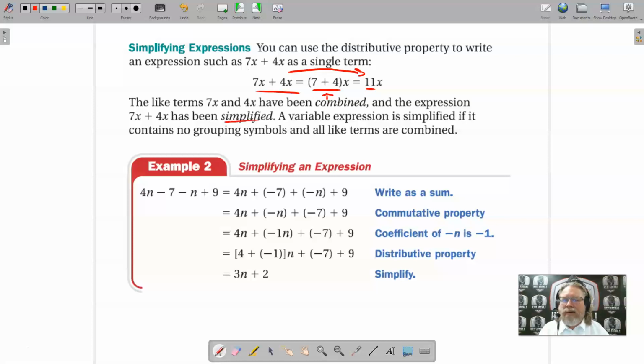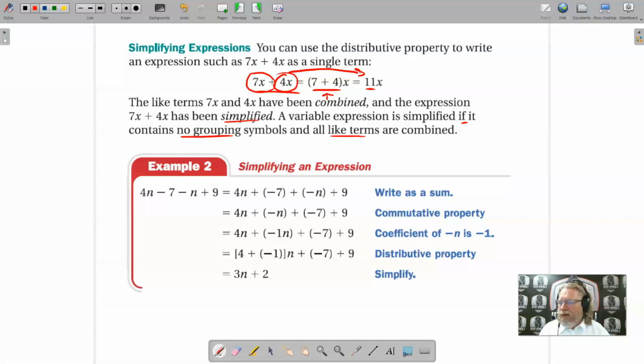A variable expression is simplified if it contains no grouping symbols and all like terms are combined. So 7x and 4x were like terms because they have identical variable parts, and we can combine those and end up with 11x.